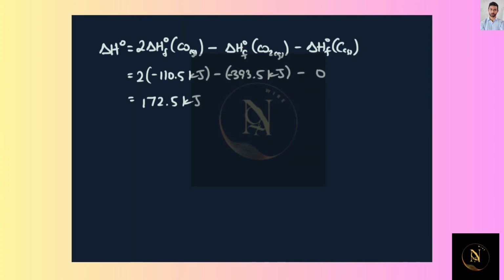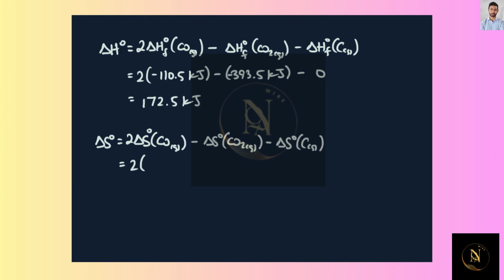Delta S naught is equal to 2 times delta S naught for CO gas, minus delta S naught for CO2, minus delta S naught for carbon solid.